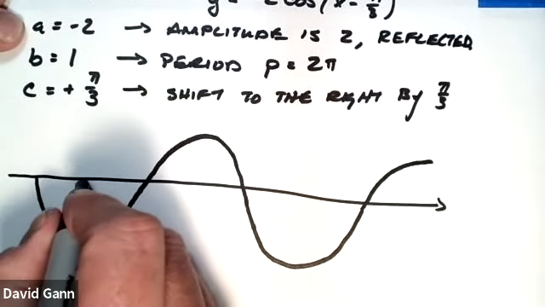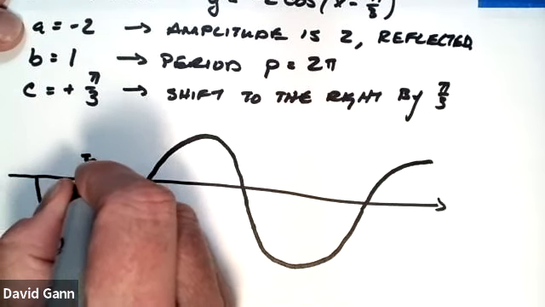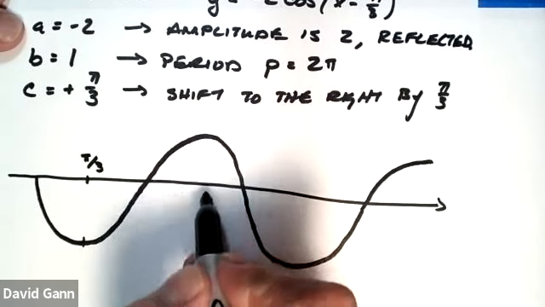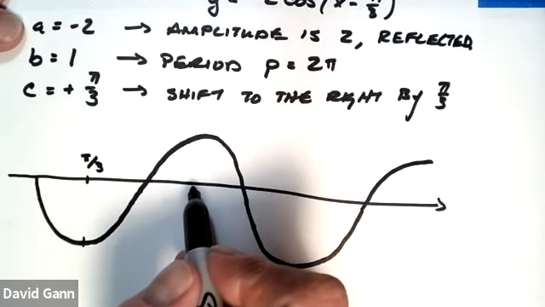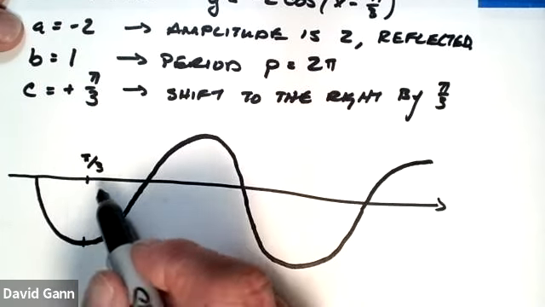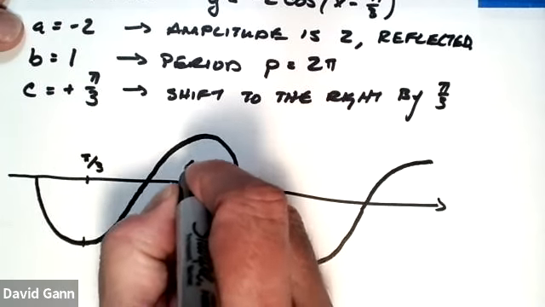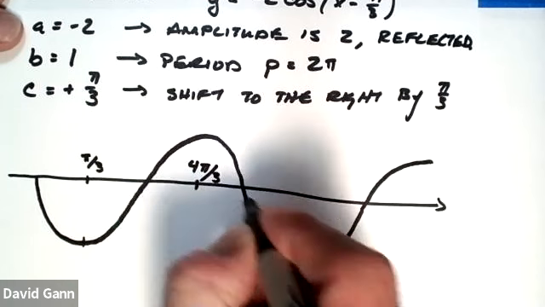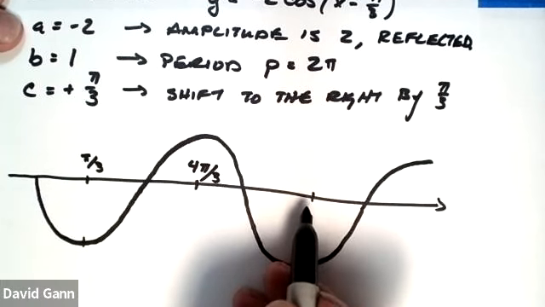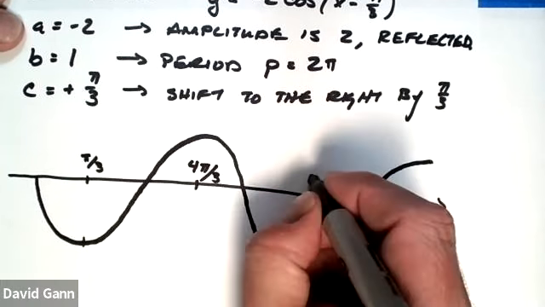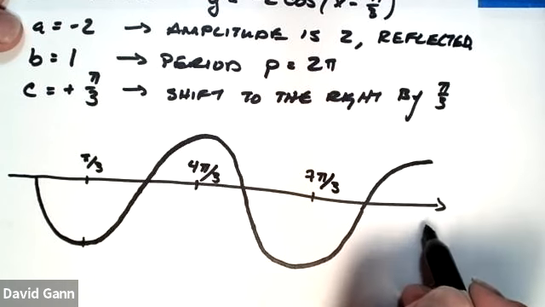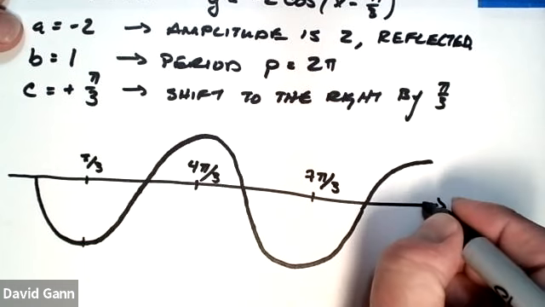The x value here is pi over 3. And the next high point, which is half the period, will be a distance of pi from this point, so this will be 4 pi over 3. The next low point, a full period, will be 7 pi over 3. And finally, this high point will be 10 pi over 3.